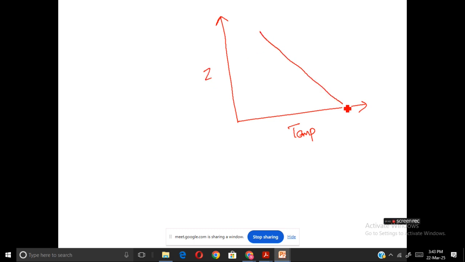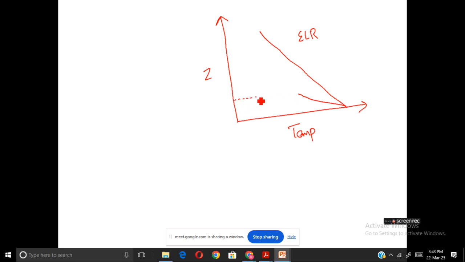There are three different levels. This is the temperature. This is the environmental lapse rate. This is the parcel's profile.